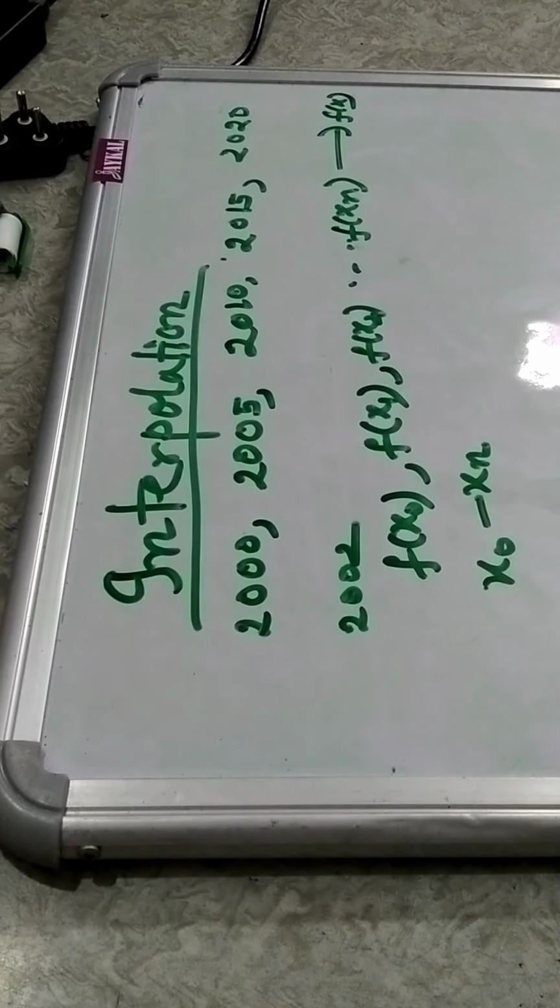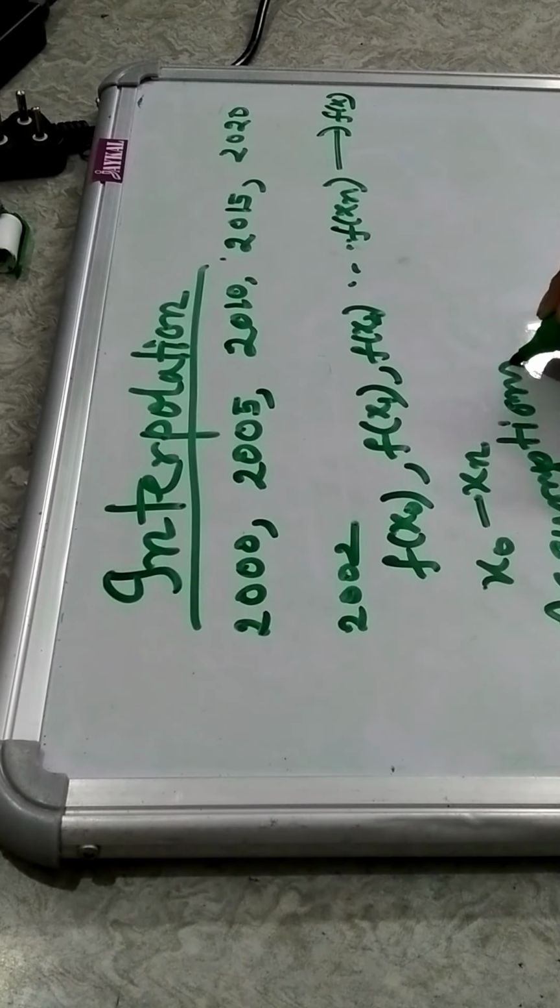Now, I am giving you the assumptions of interpolation. There are three assumptions of interpolation. Number one, there are no sudden jumps or falls in the values of the function during the period under consideration.